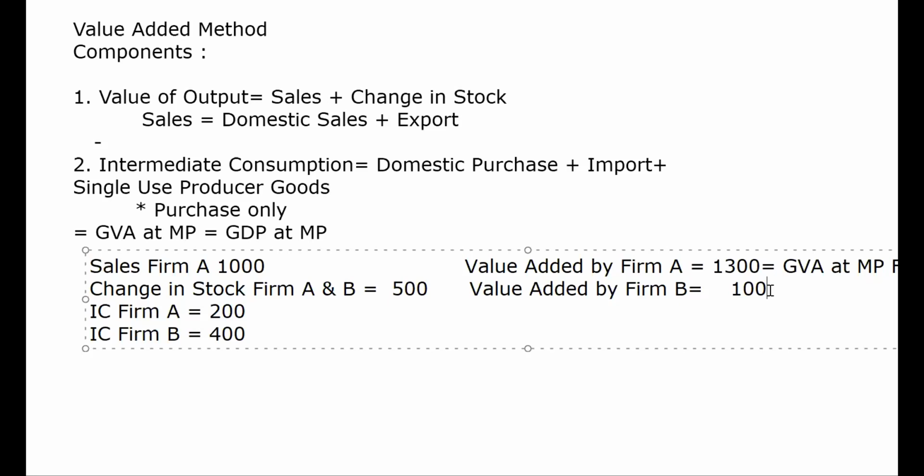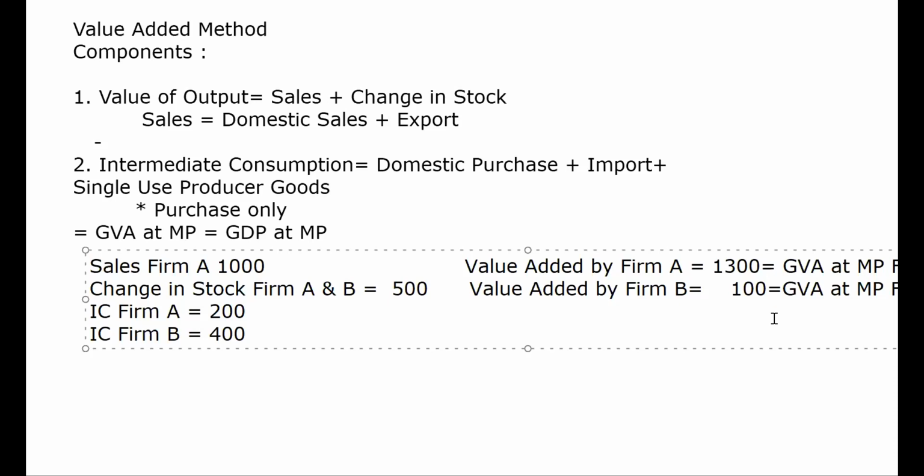And value added by firm B would be GVA at MP of firm B. Got it?